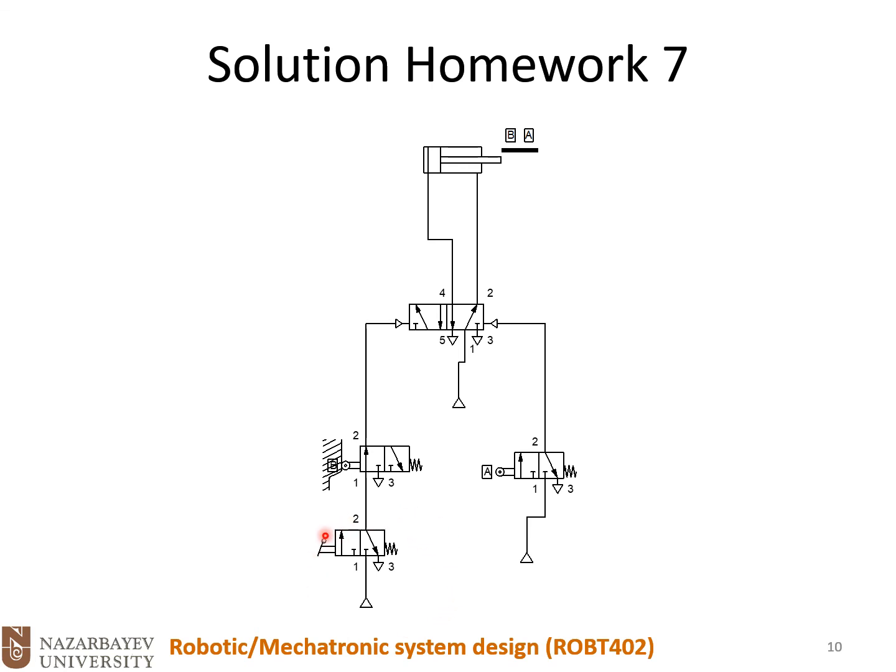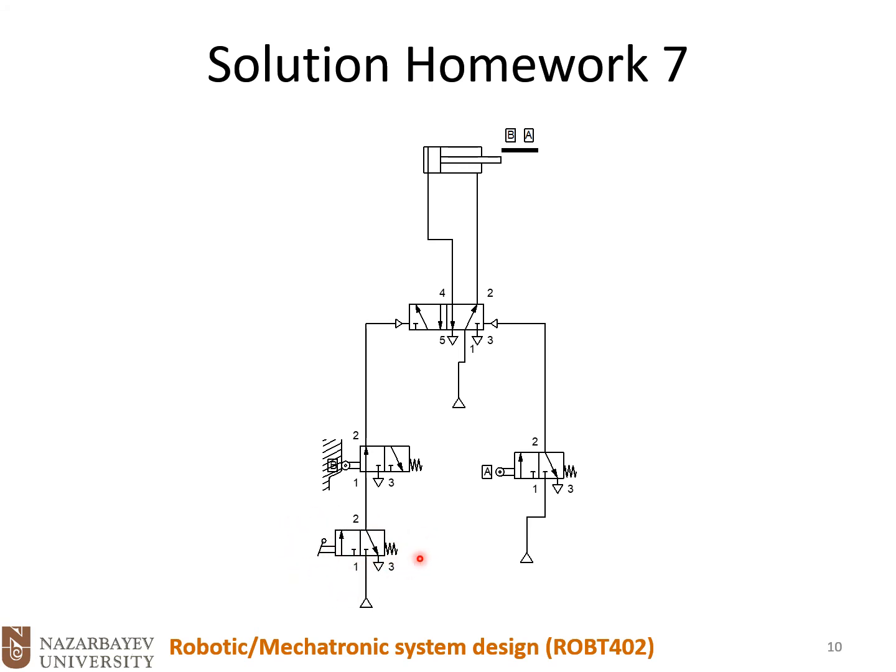However, we added one extra 3x2 control valve here, and this one has a manual actuation and is basically a spring return. So to open a pathway from 1 to 2, we need to activate this valve.